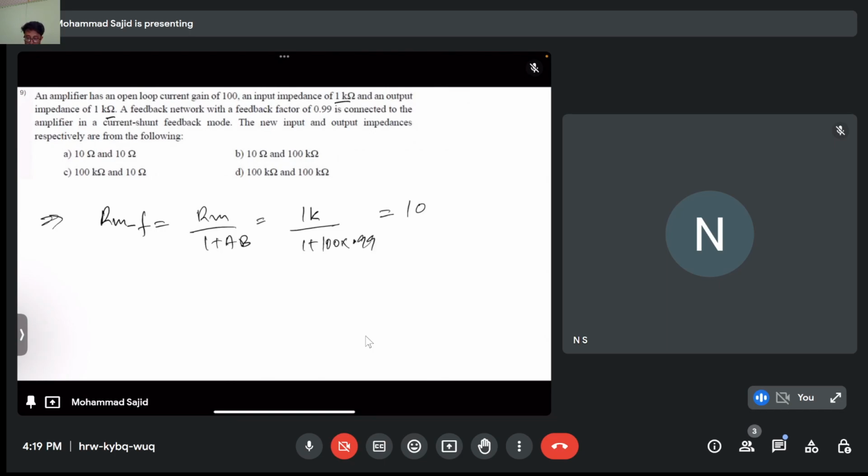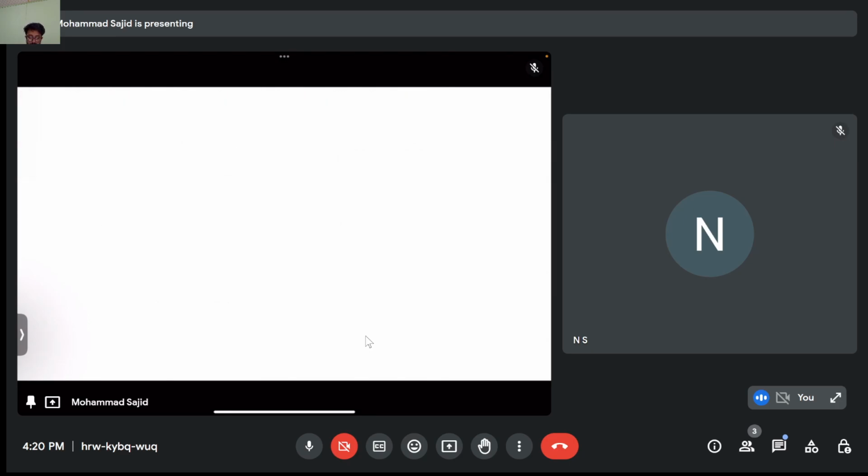It comes out to be 10 ohm. Similarly, R out final is R out times 1 plus AB. It is 1K times 1 plus 100 into 0.99, that is 100K.